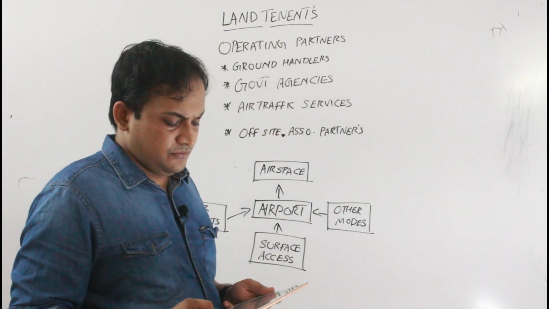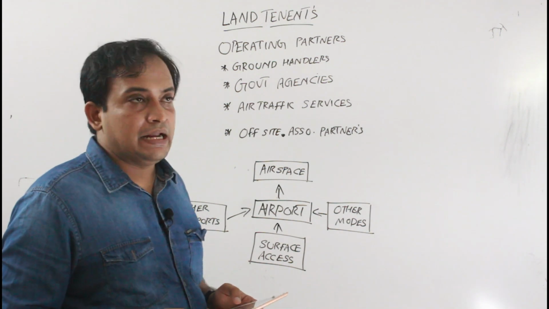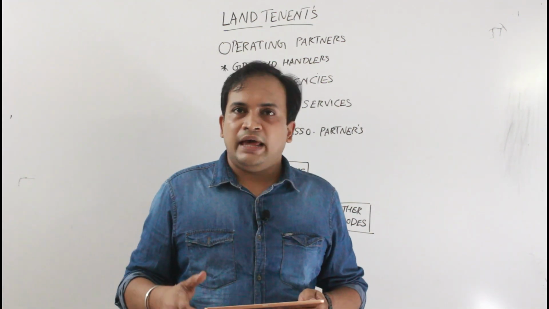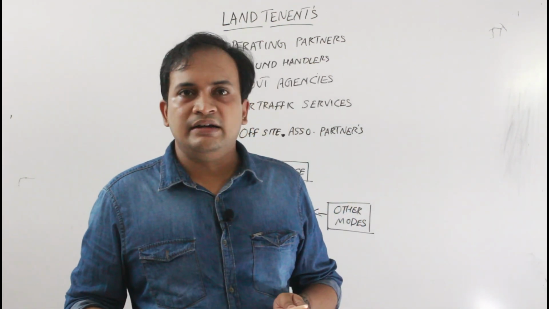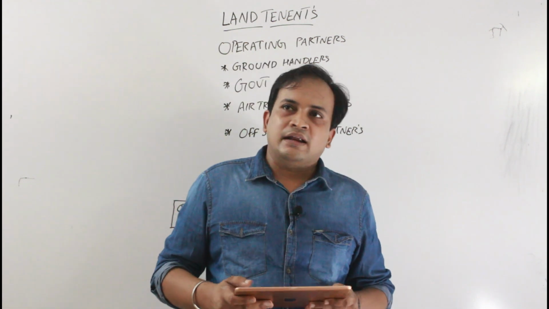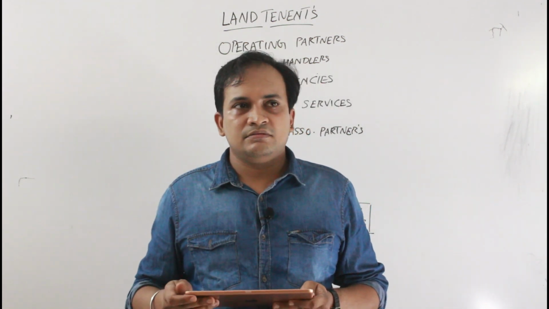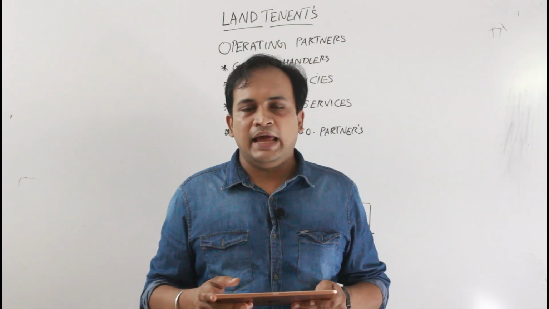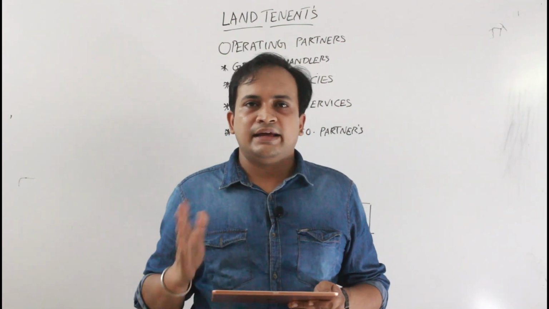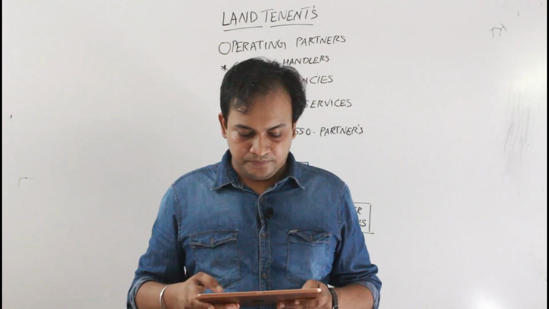And then we come to this service called ATS, Air Traffic Services. We have already discussed it. Air traffic gives ground support to aircraft to land and take off in a very smooth way.